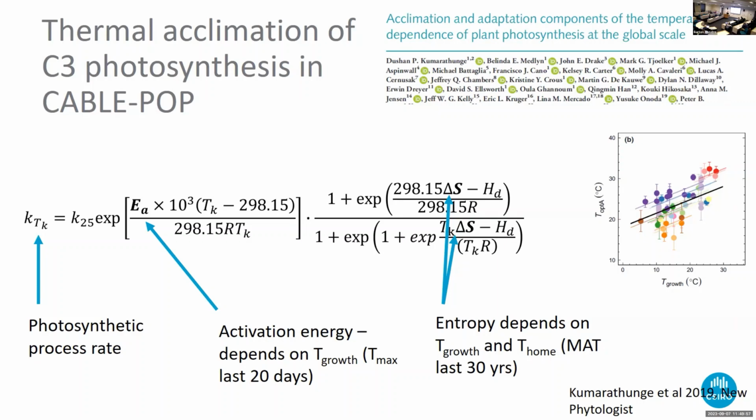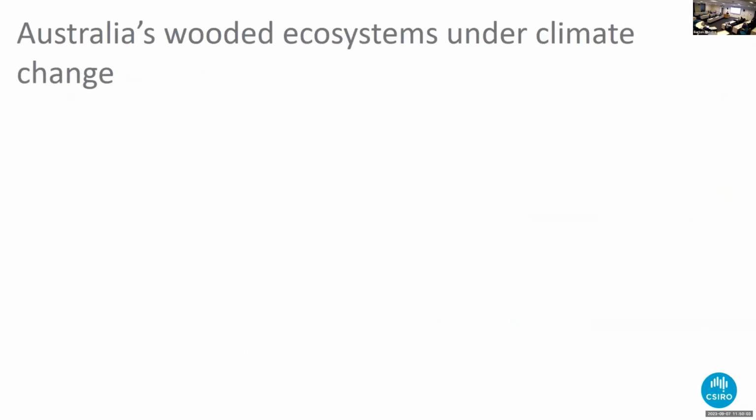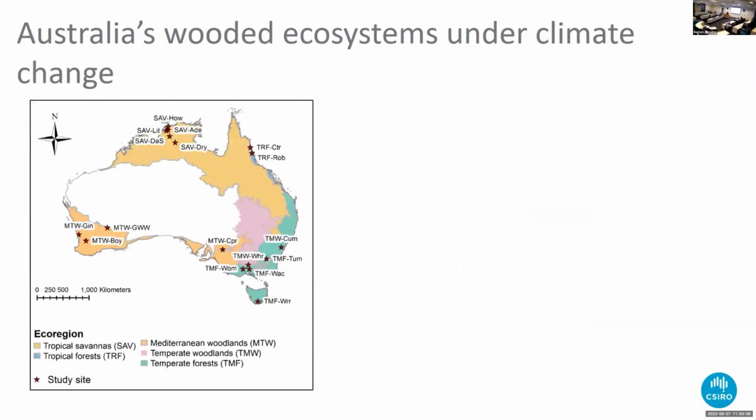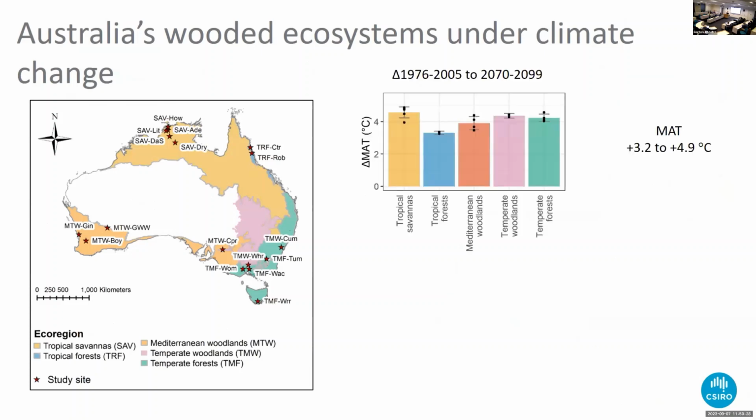We used the HadGEM2-ES climate simulations from the CMIP5 simulation run through ISIMIP and the RCP 8.5 scenario. And in that, we had a change in mean annual temperature of between 3 and 5 degrees across the sites, and mean annual precipitation predictions tend to decline, by up to around 300 millimetres. And at a couple of sites, there are some increases there.